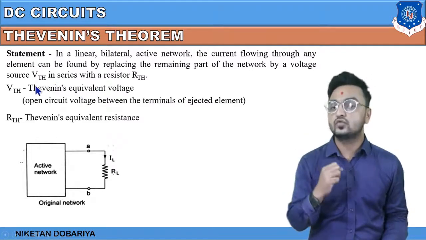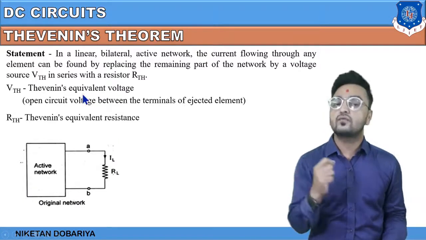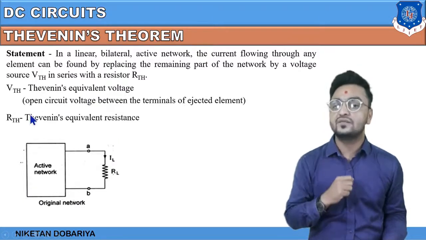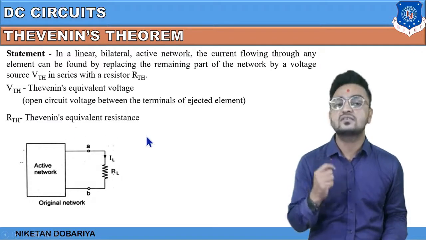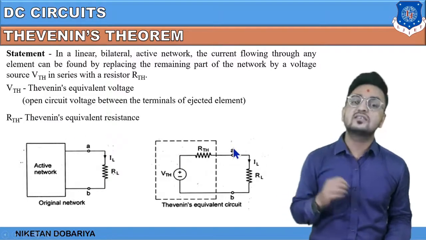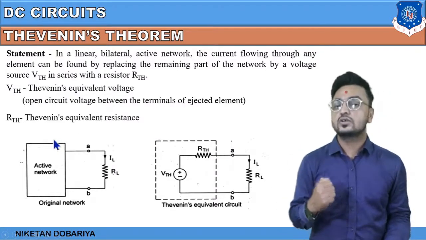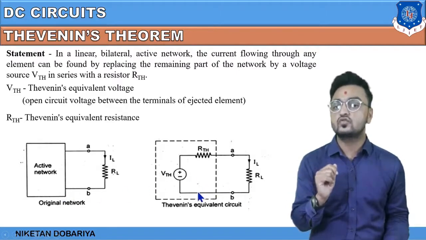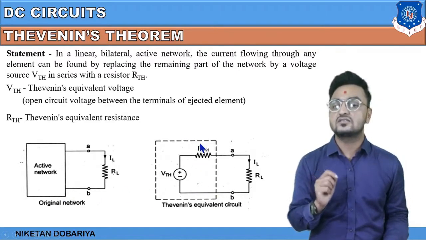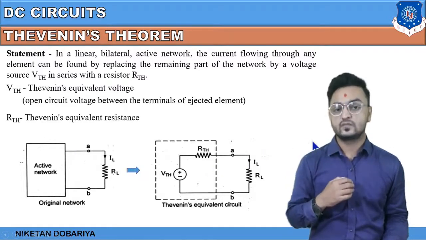The voltage source is defined by VTH, Thevenin's equivalent voltage, and the resistance is defined by RTH, Thevenin's equivalent resistance. As you can observe in this circuit diagram, the box is replaced by a voltage source and a series resistance. So this is the explanation of Thevenin's theorem.